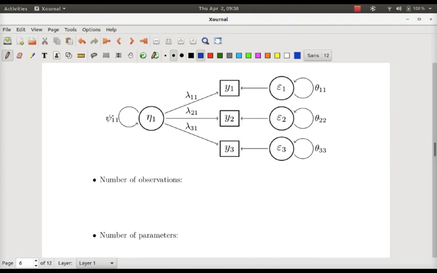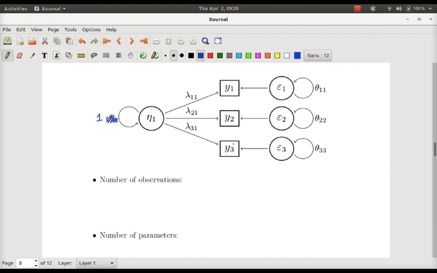So let's do the same exercise here. Again, we'll take the factor variance, scale it to 1. Now, number of observations. So let's take this carefully. We have 3 observed variables, y1, y2, and y3. So there are 3 variances that we would observe. But we also have to count the covariances, right? So there's a covariance between 1 and 2.